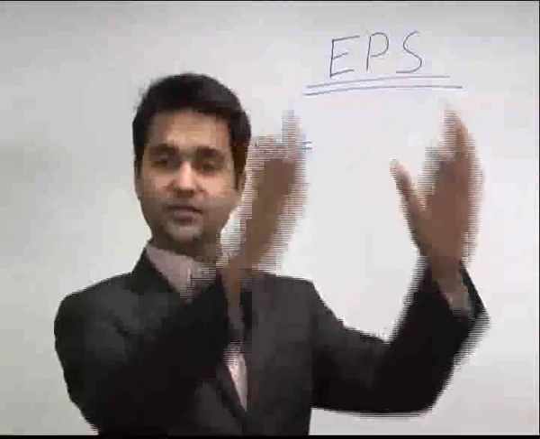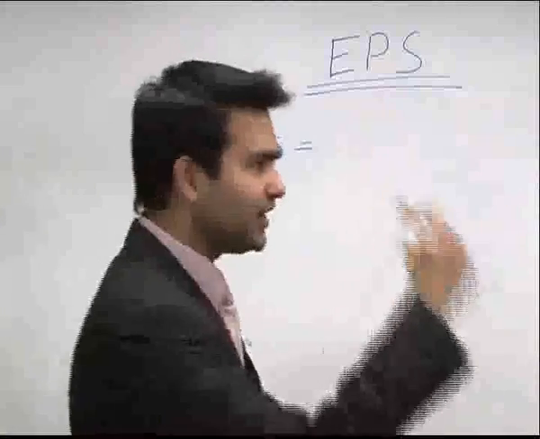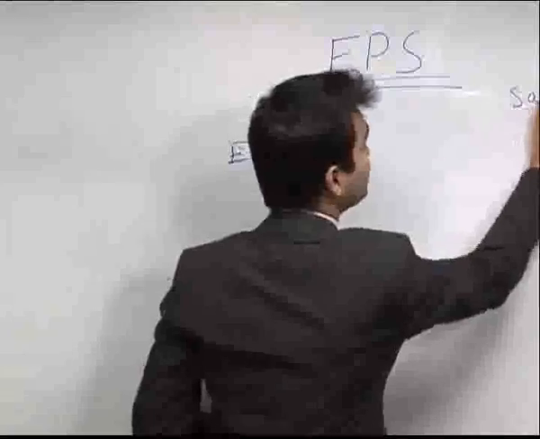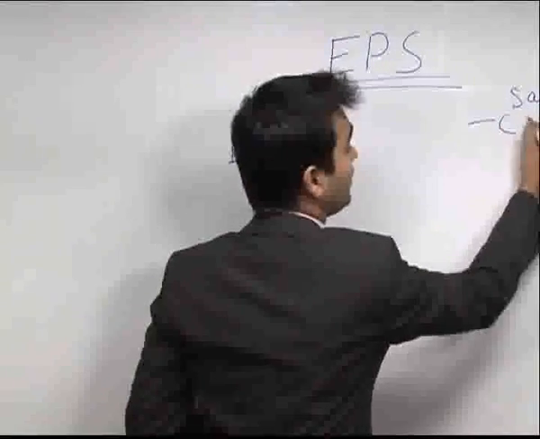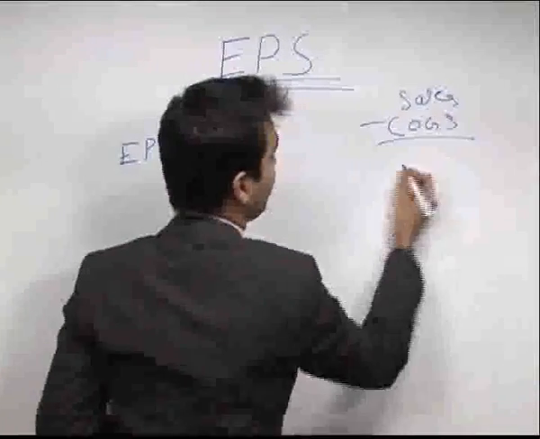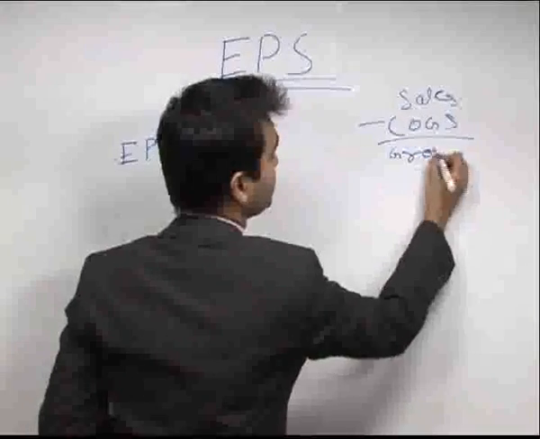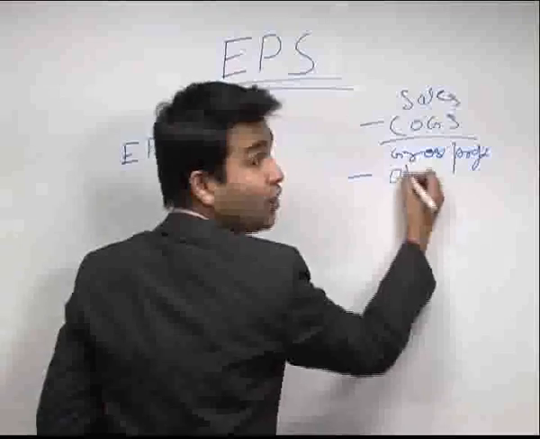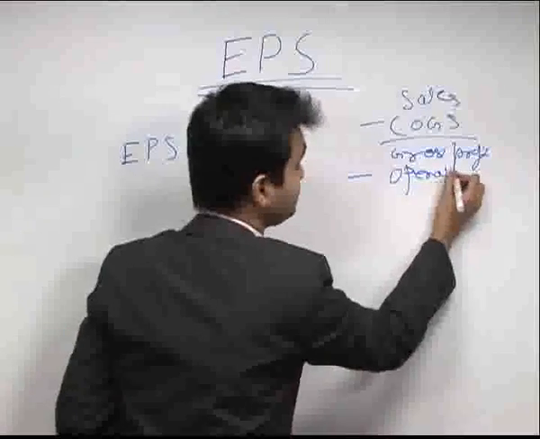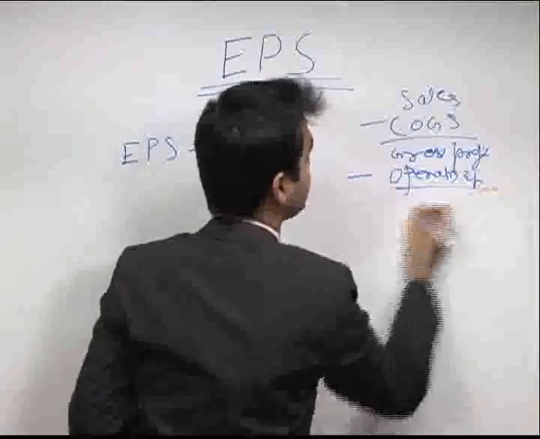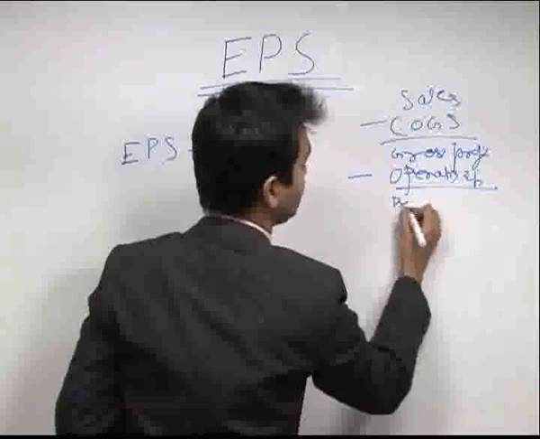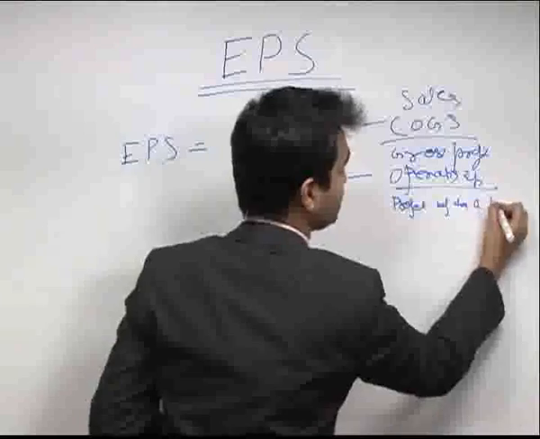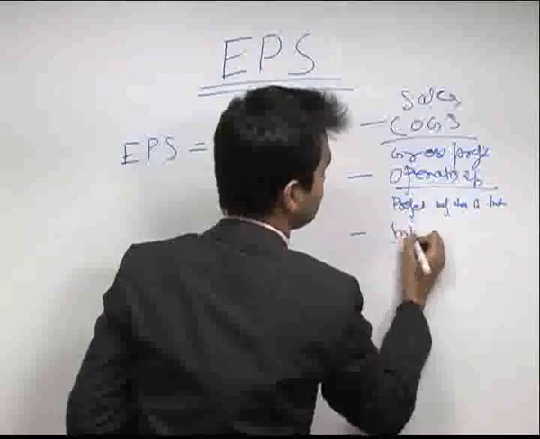We all know the income statement of a company. It is something like we have sales, then we say less cost of goods sold, we get gross profit, then we reduce the operating expenses, we get profit before tax and interest, then we reduce the interest.